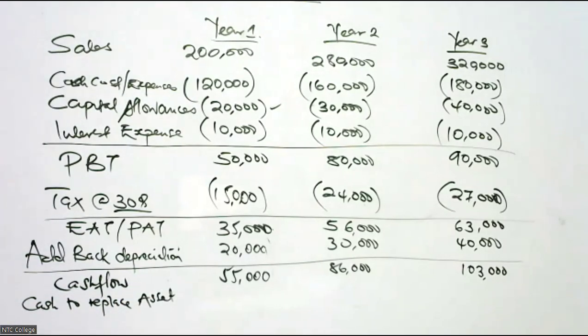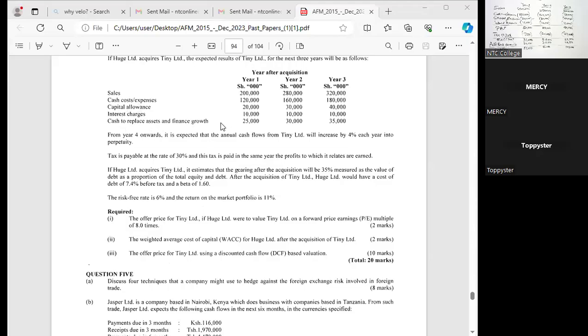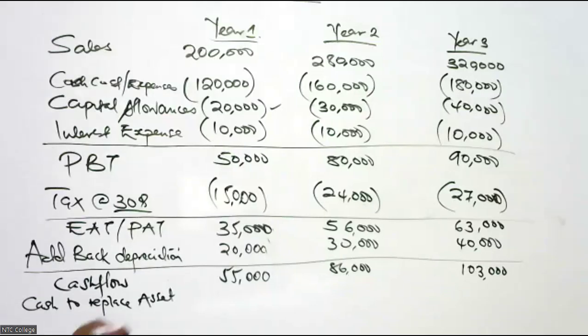So cash to replace the asset, you normally deduct it after tax, like a saving, because it is not part of the operation expenses. So we have 25, 30, and 35.